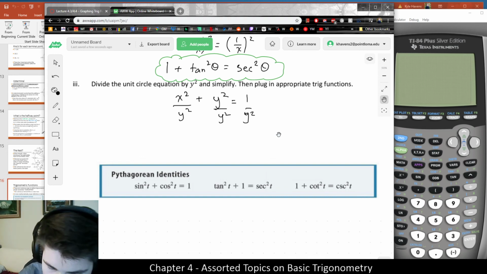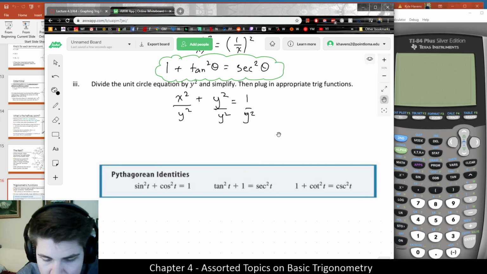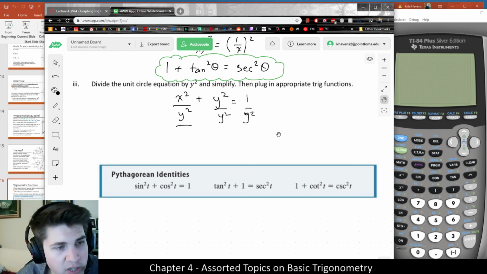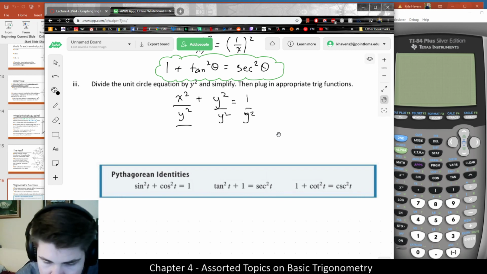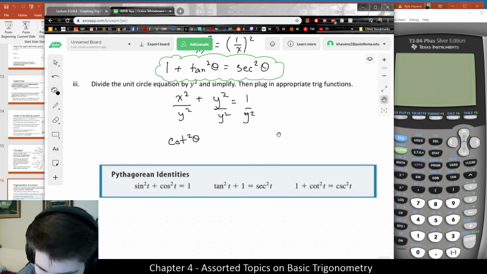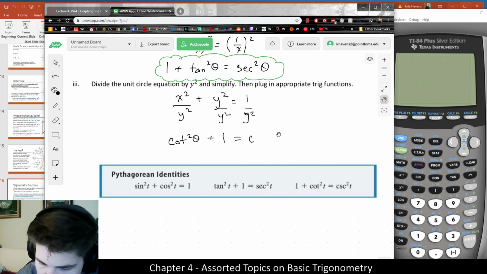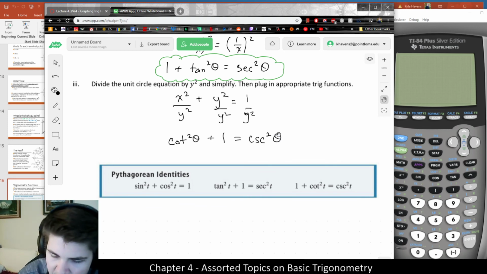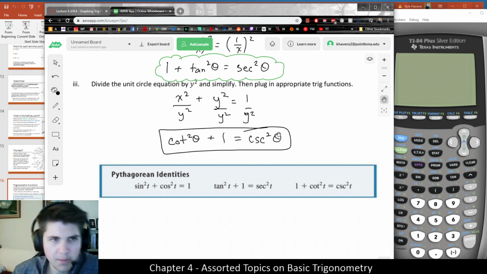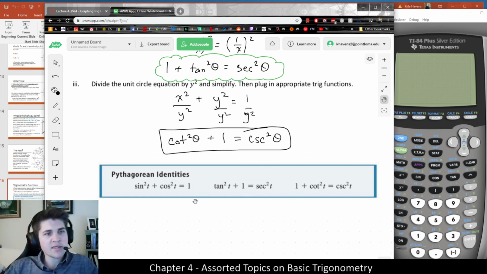The first term is x squared over y squared, which is the cotangent function squared. Y squared over y squared is 1. And 1 over y is the cosecant function. This leaves me with the last of the Pythagorean identities, which you can see below.